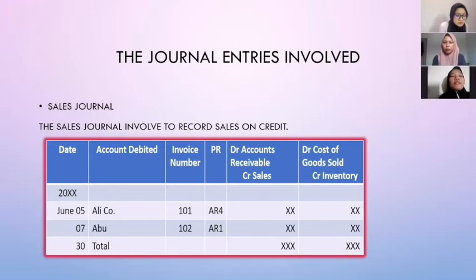Once the sales invoice is issued, the sales need to be recorded. In the journal, we will debit accounts receivable and credit sales. Here is the format or sample of the sales journal, which consists of date, account debited, invoice number, post reference, accounts receivable and sales, and cost of goods sold and inventories columns.